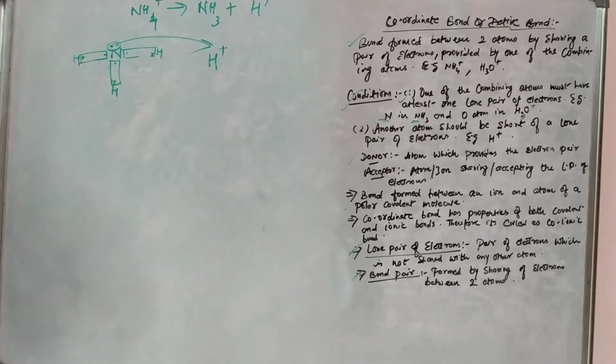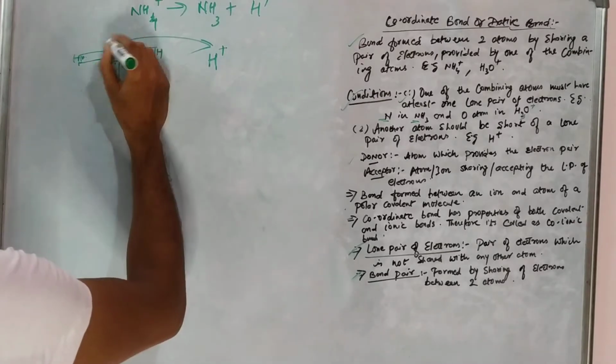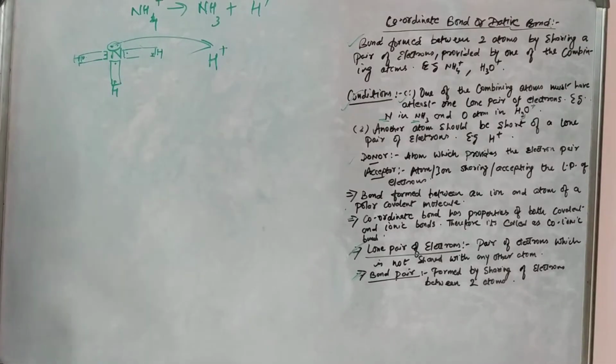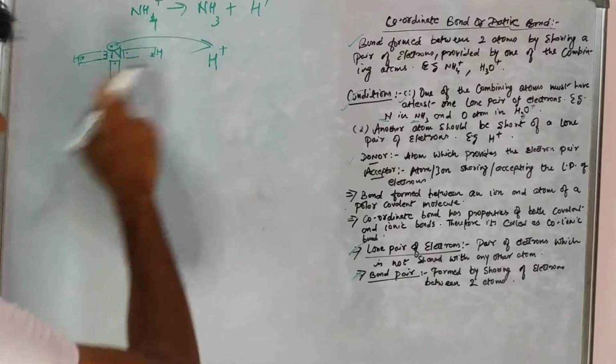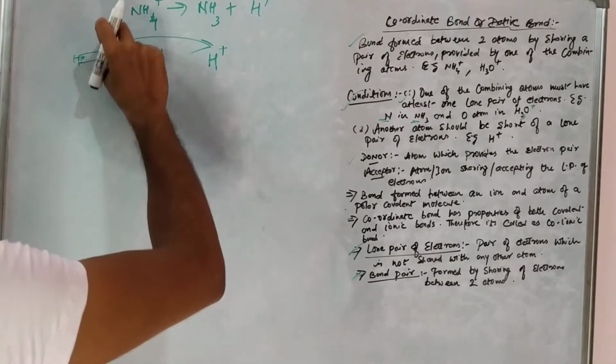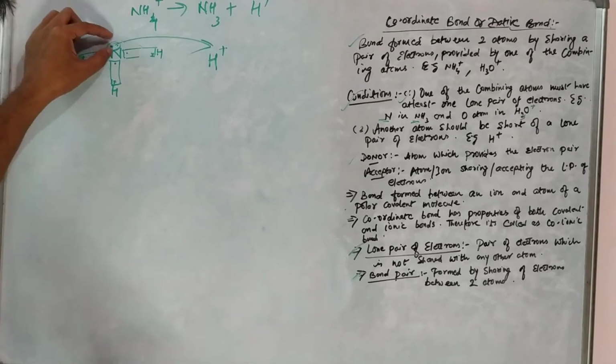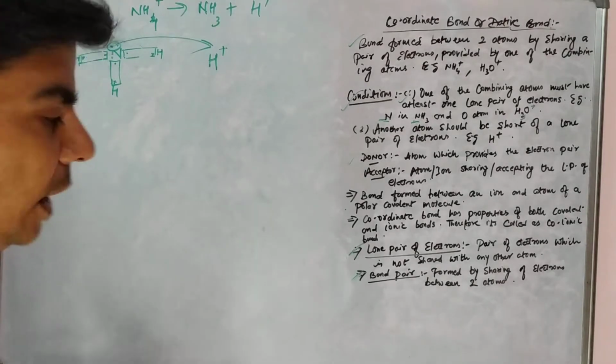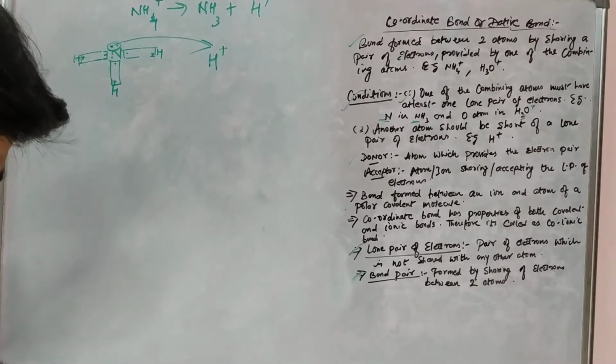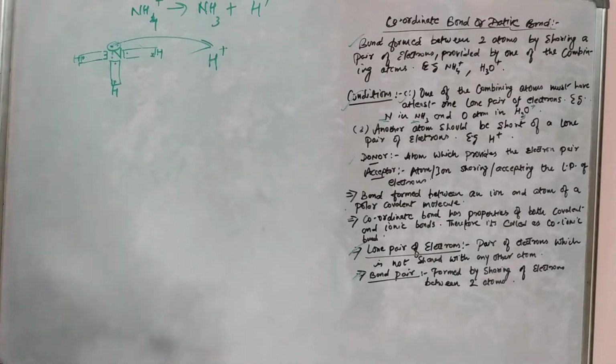So this shared pair of electrons entirely came from one of the combining atoms. Here the combining atoms are nitrogen and hydrogen, and the shared pair came from the nitrogen atom, because it has a lone pair of electrons available that it can transfer to some other ion which is short of 2 electrons.